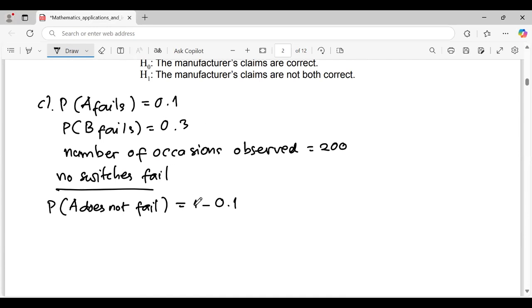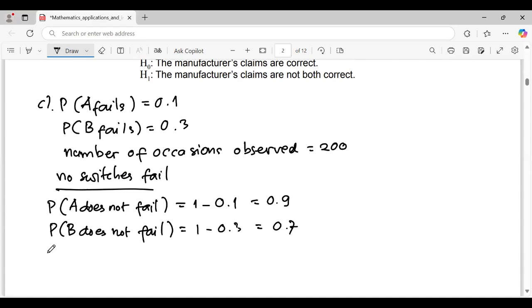If it does not fail, it means 0.9. And the probability B does not fail equals 1 minus 0.3, 0.7.